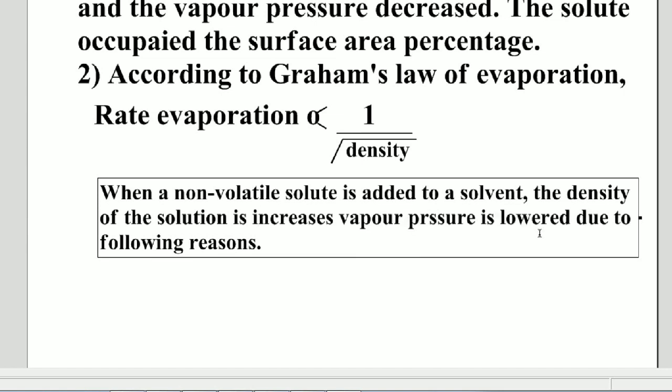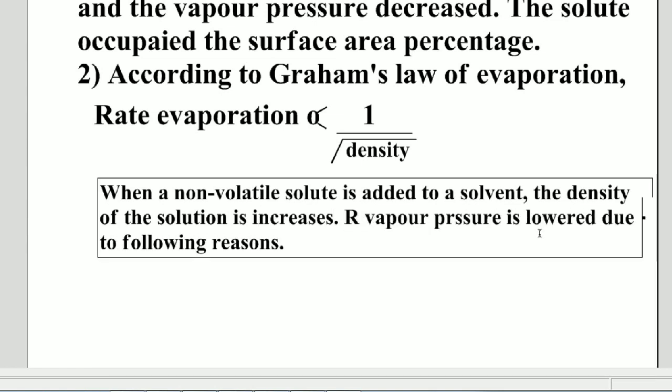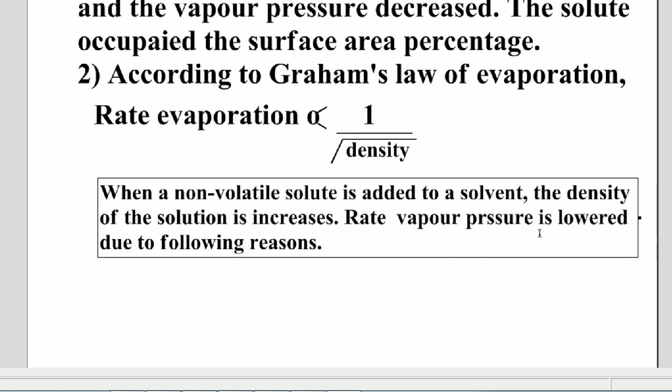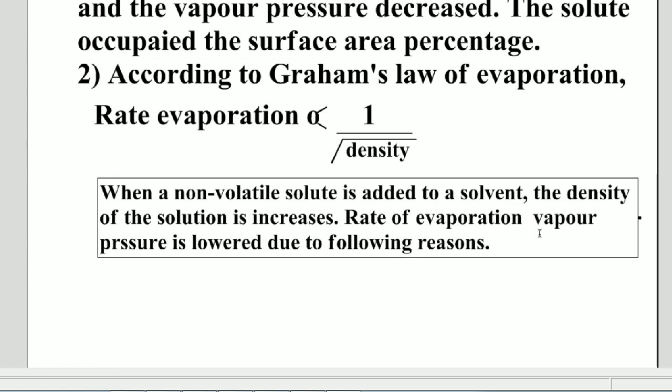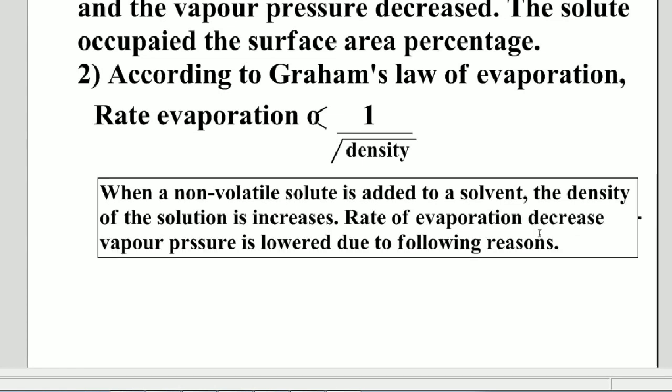As a result, the rate of evaporation decreases, and the vapor pressure is decreased.